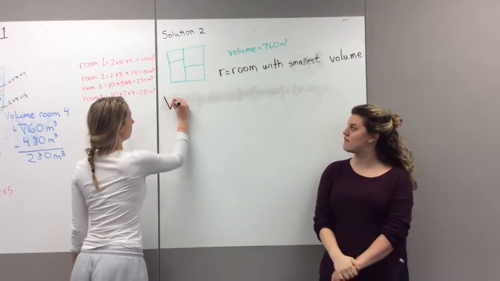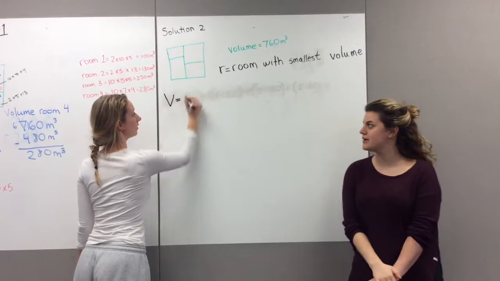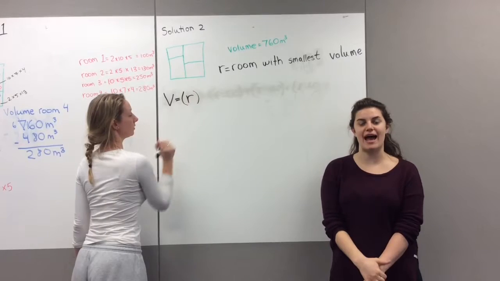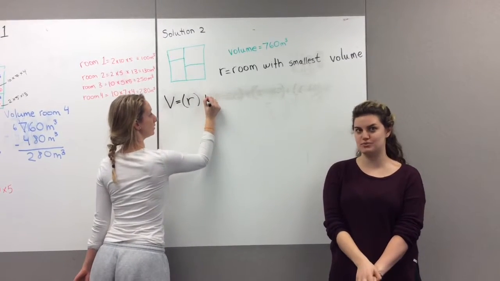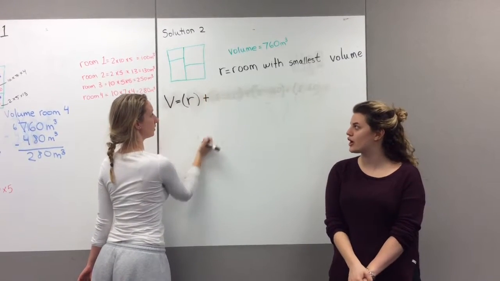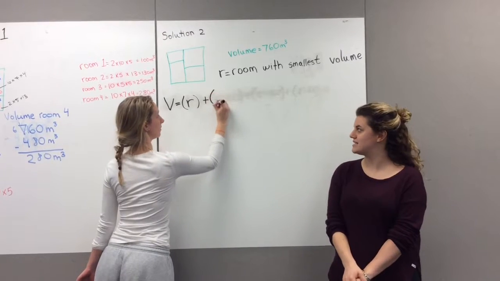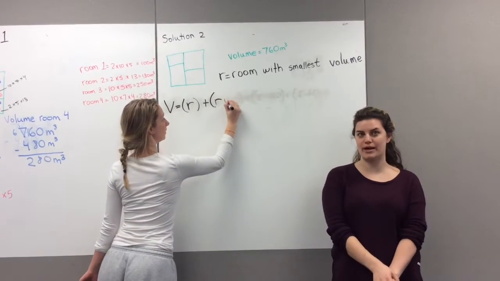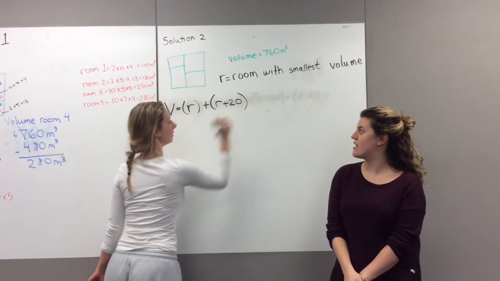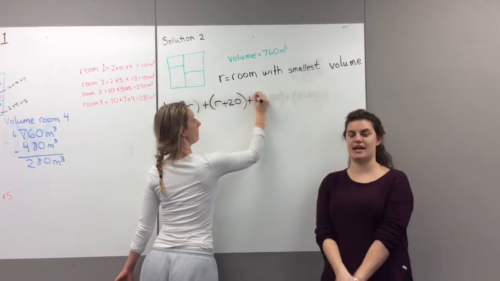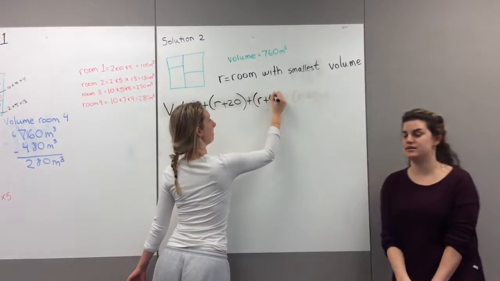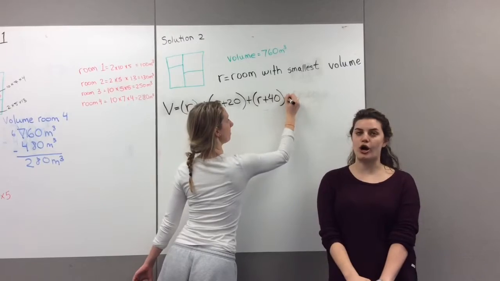Because each room has to differ by 20 meters cubed, we said R plus 20 would be our next room. Then for our next room, we add another 20, so it would be R plus 40, and our last room would be R plus 60.